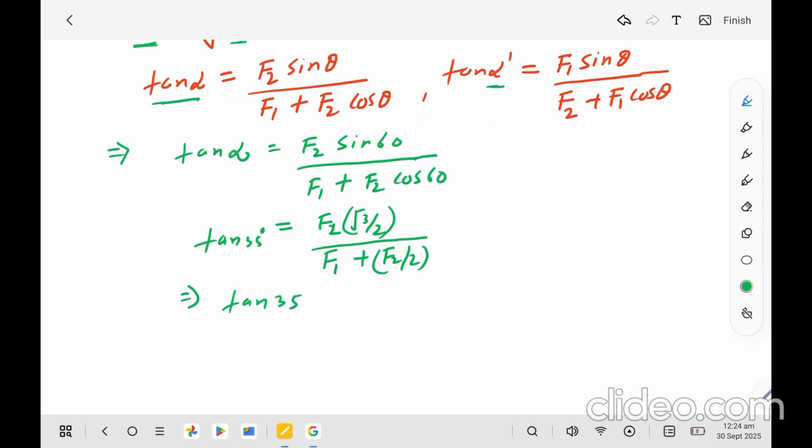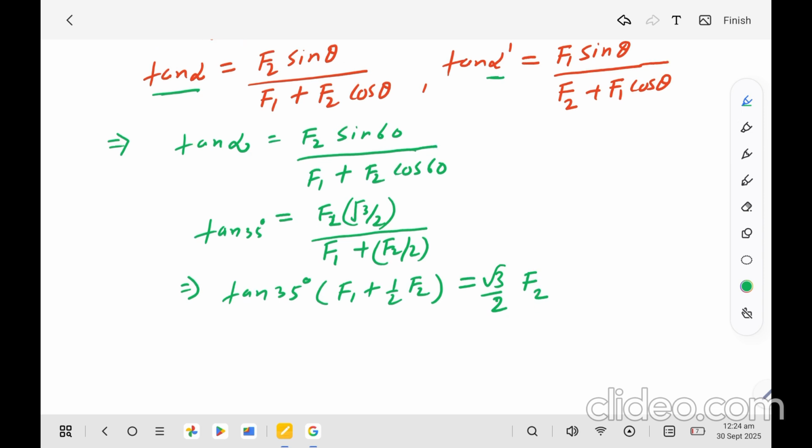So tan 35 into F1 plus 1 by 2 F2 is equal to root 3 by 2 F2.